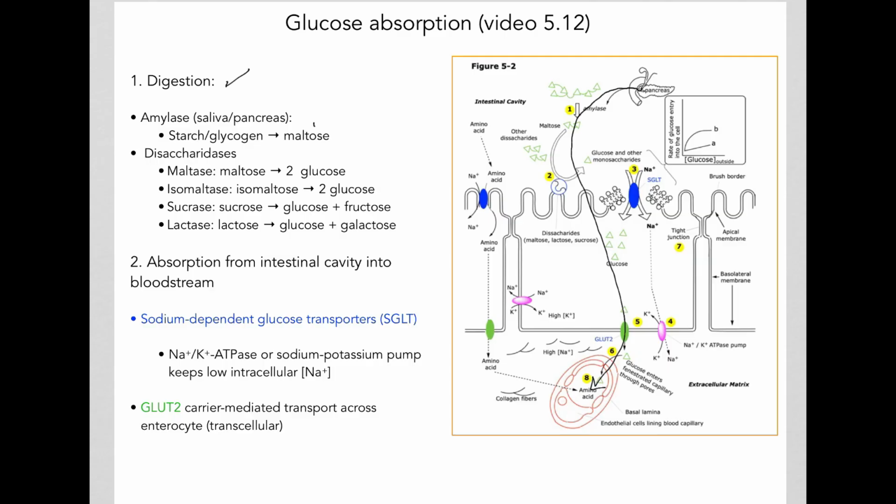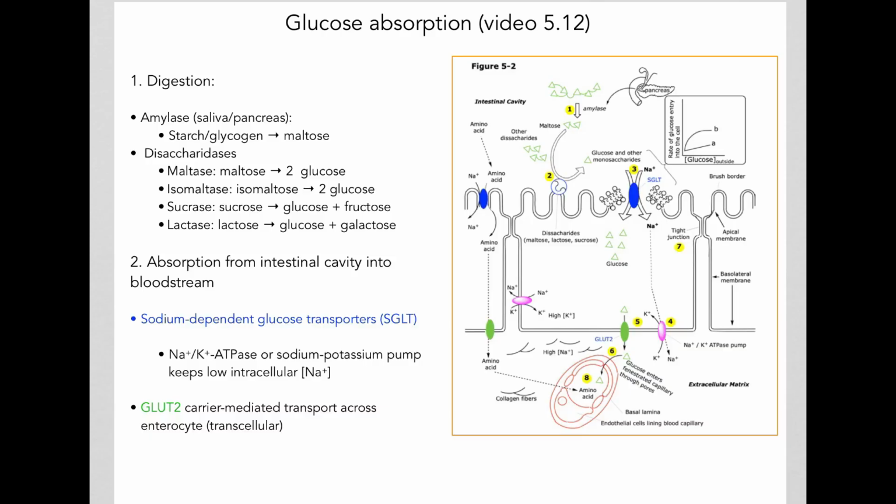So the enzymes like amylase that break down starch, glycogen, and so on to maltose, and then there are disaccharidases that break down various disaccharides into glucose and other sugars, and the end result is we have our glucose, our monosaccharide, after digestion. So once we have the glucose, now we need to take the glucose into the blood vessel.